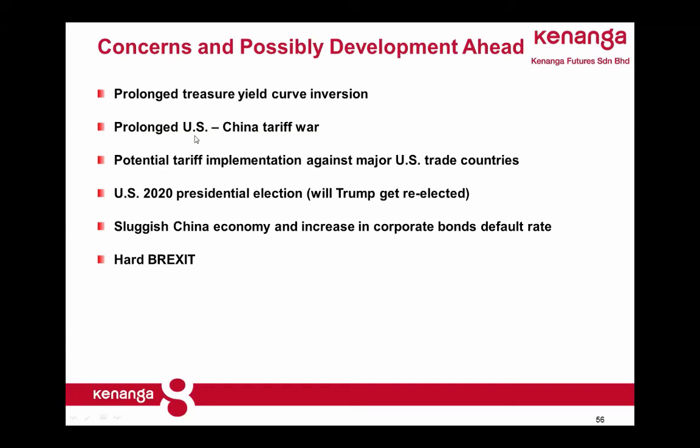Okay, and then if the US and China fail to reach any agreement to reduce the tariff, this is going to be a burden to both countries, and the last victim will be the consumer, of course.